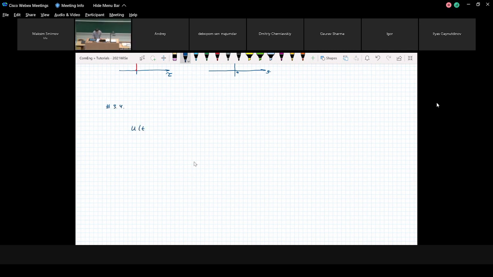We have a signal u of t presented as u times a sum of weighted delta pulses: the sum from n equals 0 of a_n times delta of t minus nT, convolved with g of t.